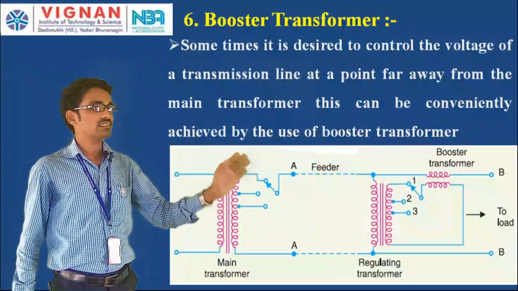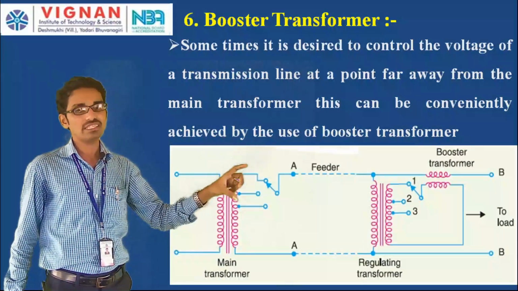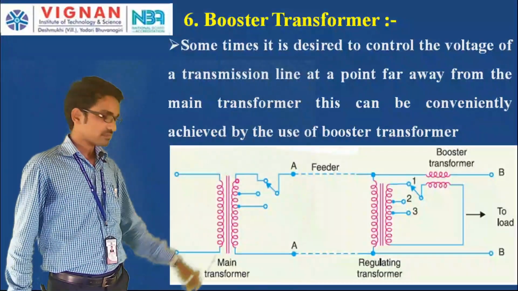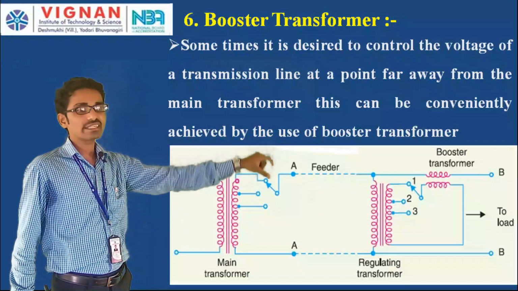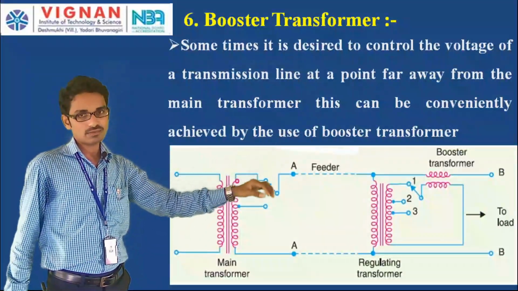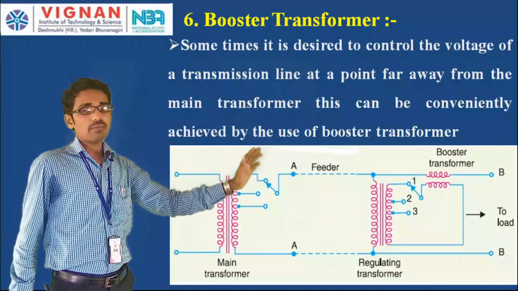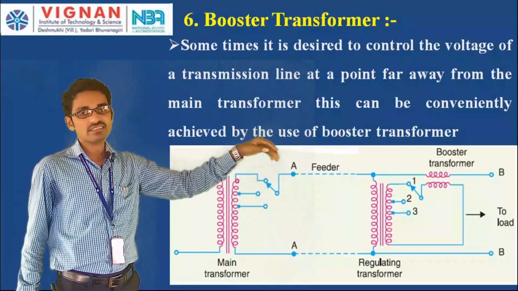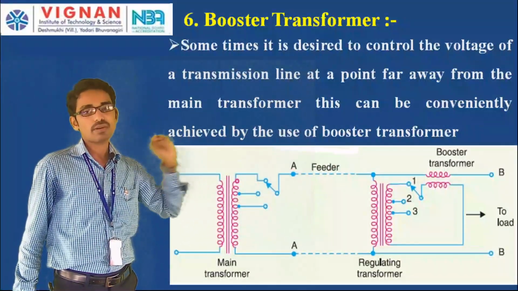Then, where we need to change the voltage, we place a regulating transformer. That regulating transformer is provided with secondary tappings. For the primary of the regulating transformer, we connect a booster transformer in series with the regulating transformer primary.